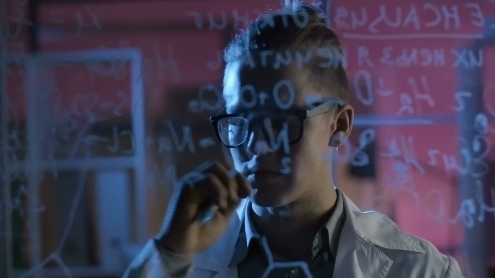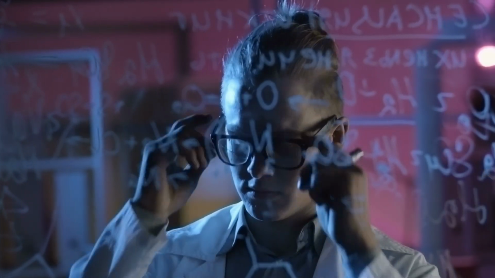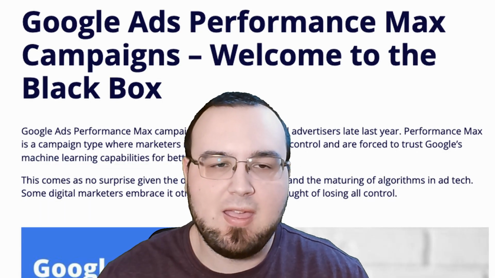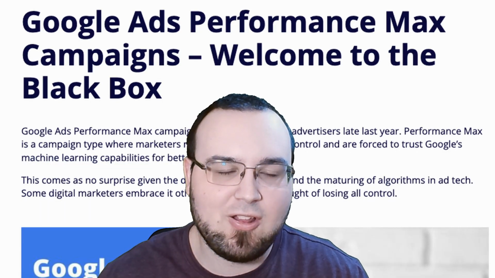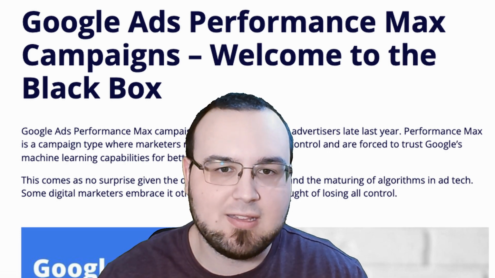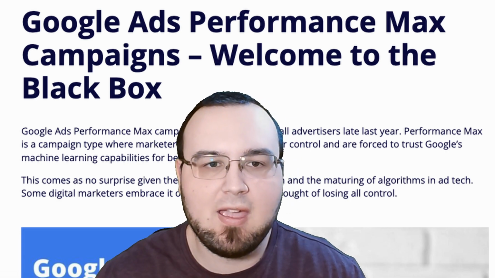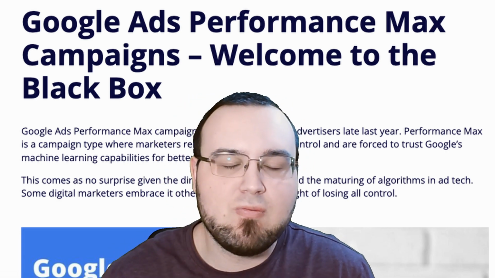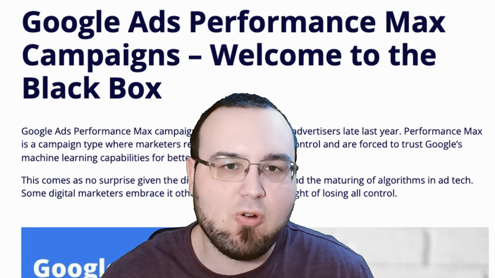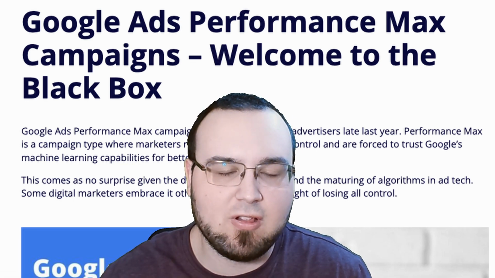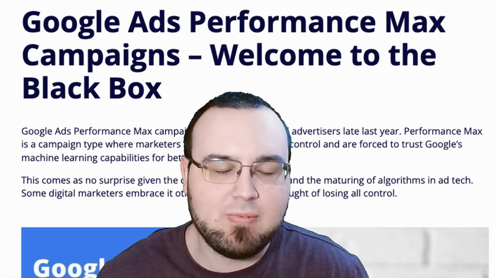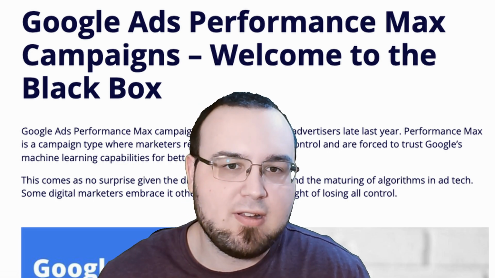The next thing that you'll want to understand is, once again, because it's a black box, there's even been a couple articles written on this, the reality is that you don't have a lot of control. And if you're already running Google Ads campaigns, maybe you're running search or display or discovery, you might start running into some cannibalization of your ads, because Performance Max definitely goes for the low-hanging fruit and pays very close attention to customers that are on your site, how they're interacting.